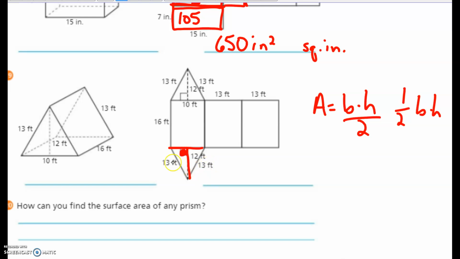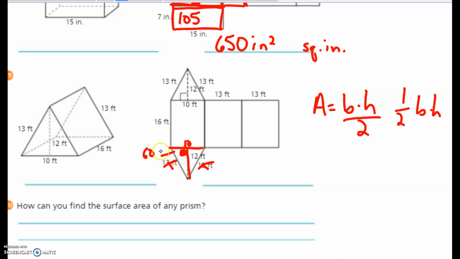You don't need this number 13 out here. Okay, so the height is 12. What is that base? Well, they gave it to you up here. It's 10. So 10 times 12, 120. And cut that in half, it's going to be 60.